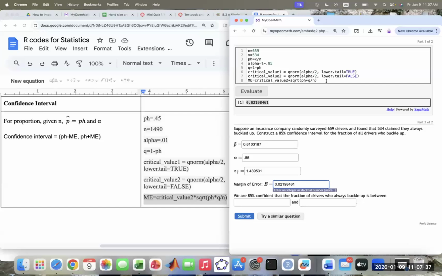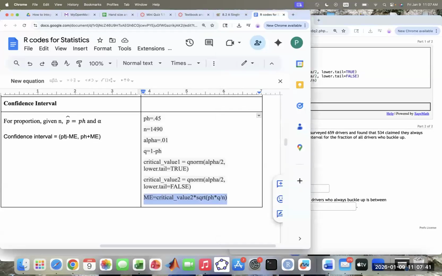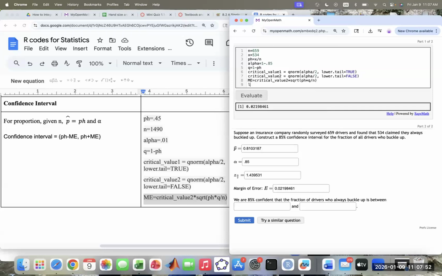Now the confidence interval would be equal to the p hat right here, minus the margin of error for the lower bound, and the upper bound would be p hat plus the margin of error. So I'm going to have lower bound equal to p hat minus margin of error, and then I evaluate.